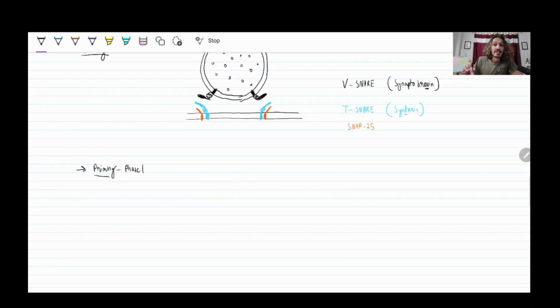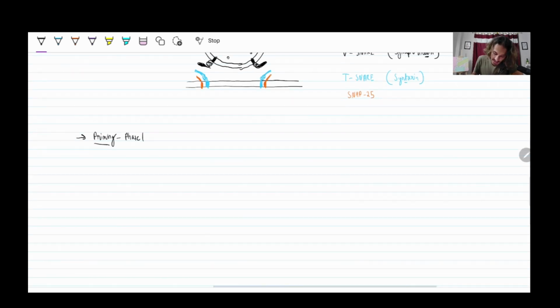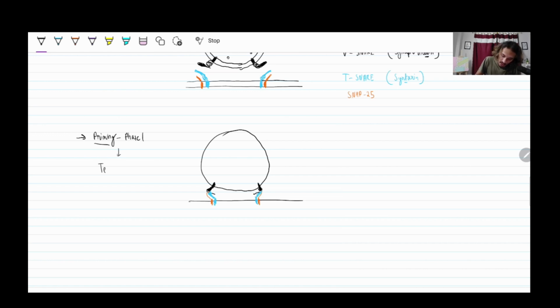So there is an interaction between the V snare and your T snare, resulting in a ternary complex. Okay, so thus because of this priming phase, there is going to be formation of a ternary complex.